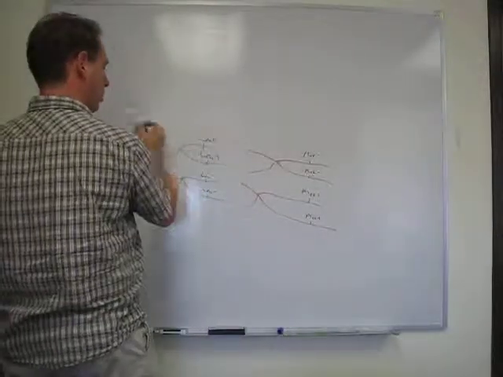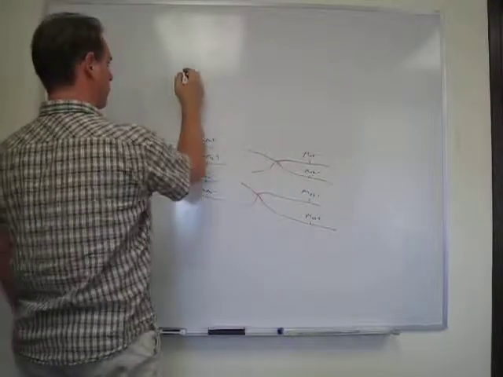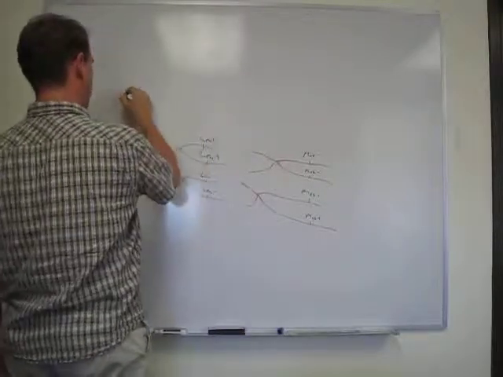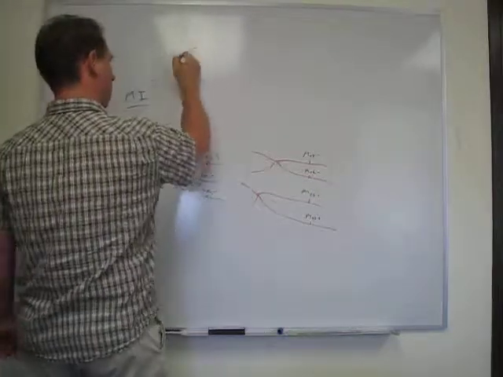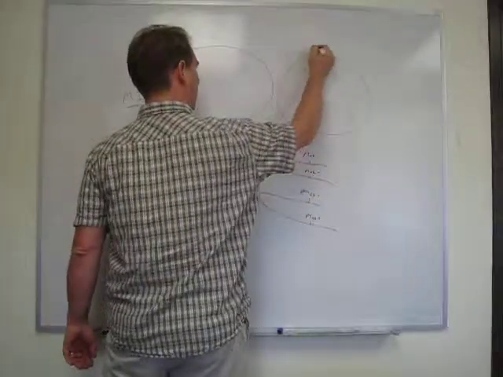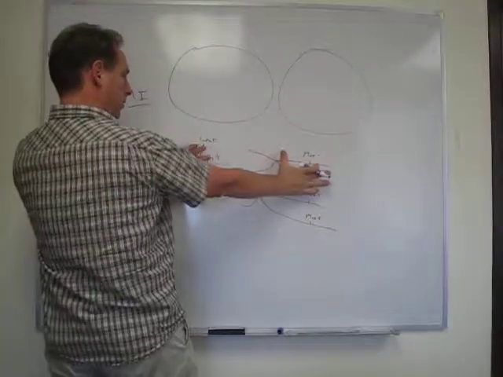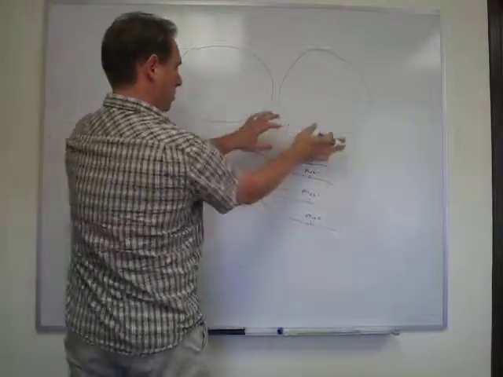The top part will segregate in the first meiotic segregation. So what you end up with after meiosis 1 is, you can imagine, two nuclei, one of which has these two genotypes, and the other which has these two genotypes.